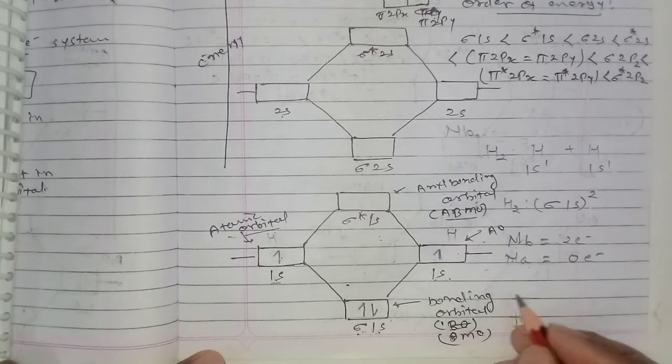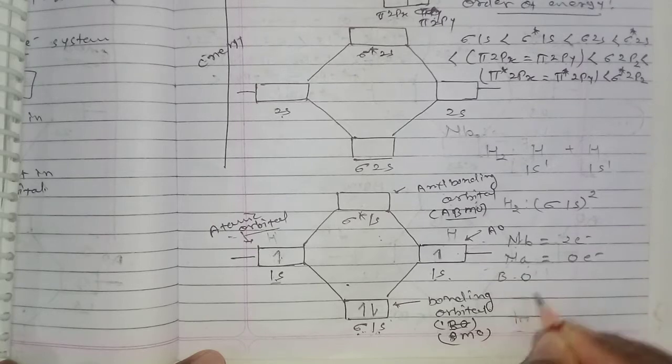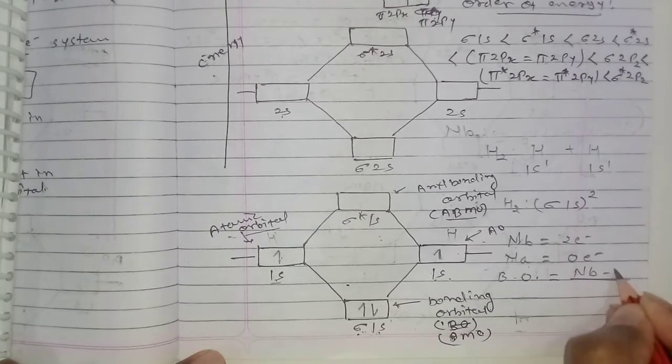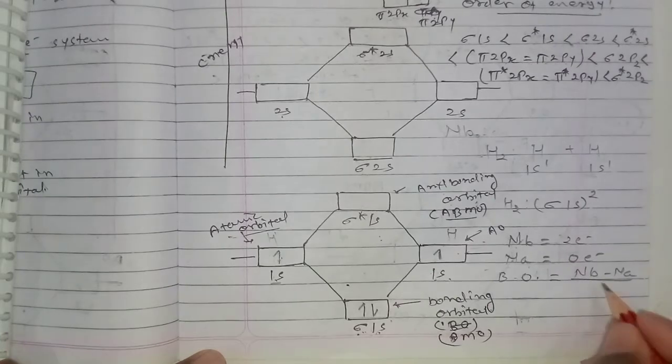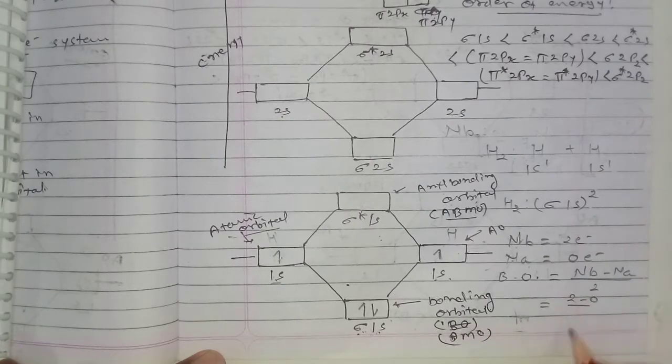Now from this data we can easily calculate the bond order. Bond order is equal to Nb minus Na divided by 2. Nb is 2, minus 0, that is 2, divided by 2, equal to 1.